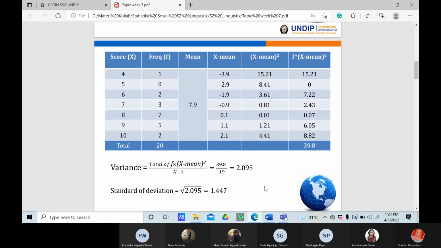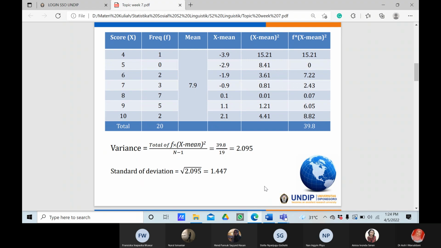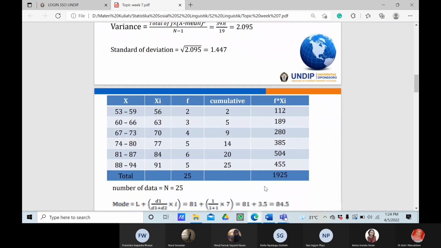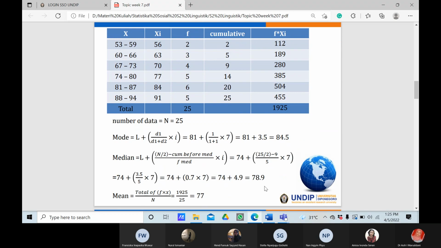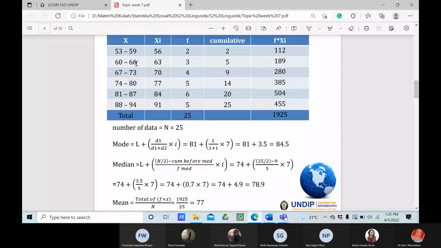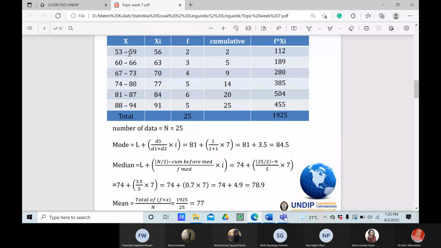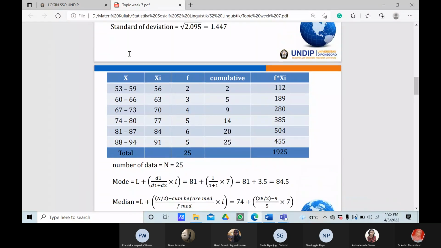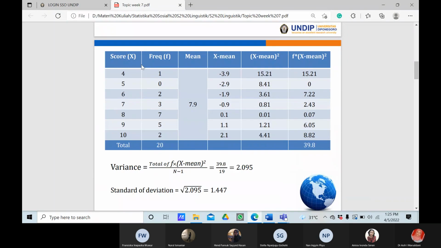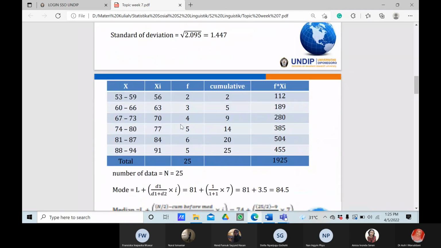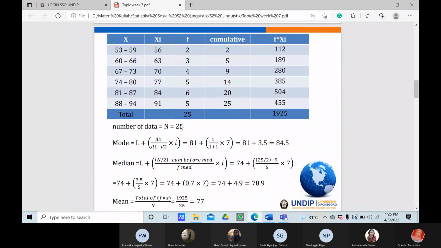Okay, now we have another, different frequency distribution with the score consisting of interval data. Yeah, the previous one is a single data with frequency more than one, but for this frequency distribution table, the score is presented with the interval data.